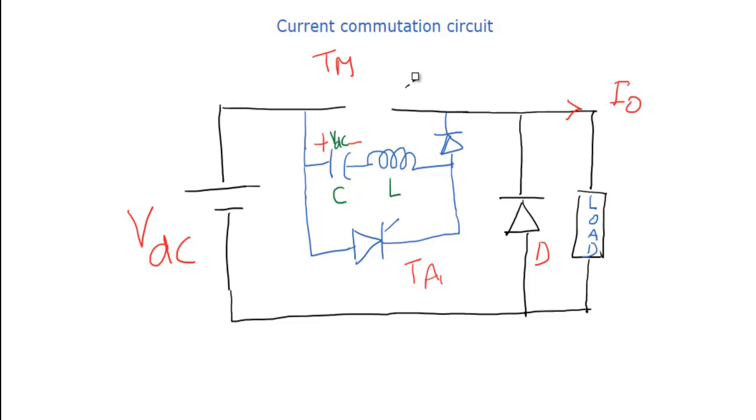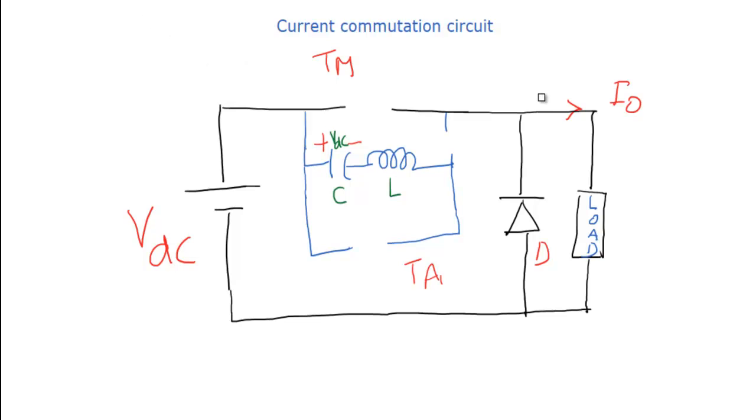You are not mentioning anything about the auxiliary thyristor, meaning it is already open circuited, and the diode, no current is flowing through that, so it is also open circuited. At this time, there is no path to discharge the capacitor, so the capacitor voltage will remain at VDC. No current is flowing through the tank circuit and there is no thyristor current.